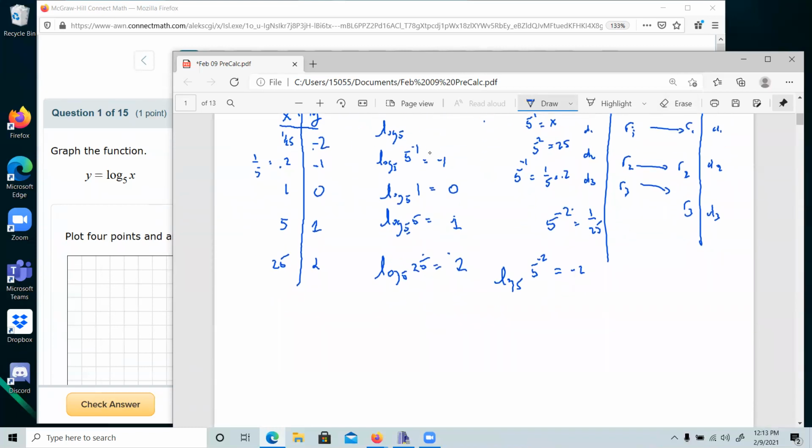Got a little bit ahead of myself. Now when I graph it, here's 1, here's 5. So when x is equal to 1, y is equal to 0. When x is equal to 5, y is equal to 1. We're out here at 25, and we're finally going to crawl up to 2.